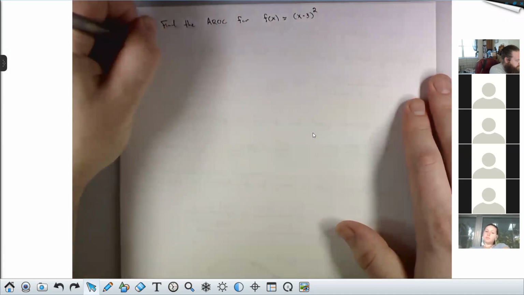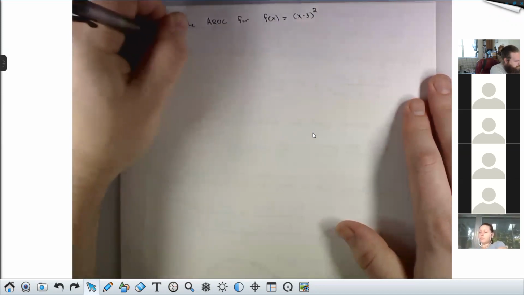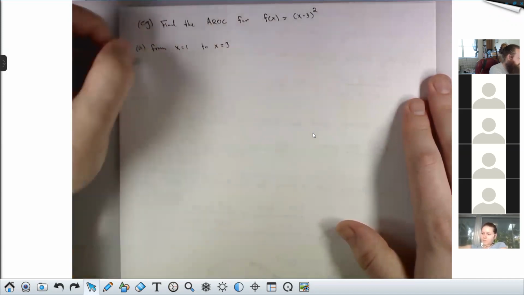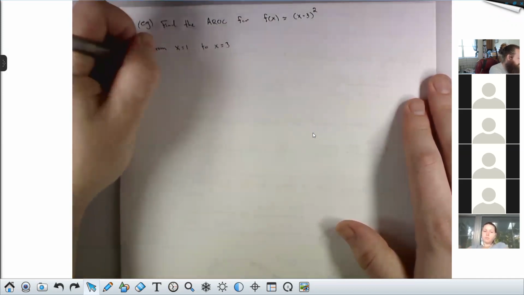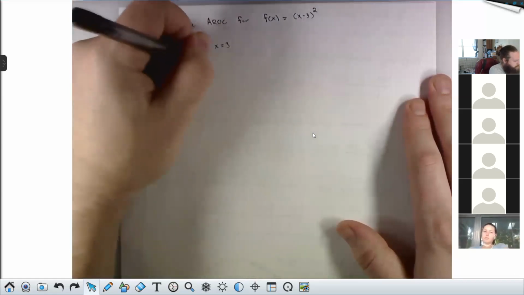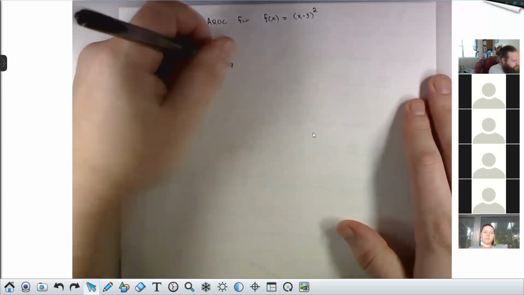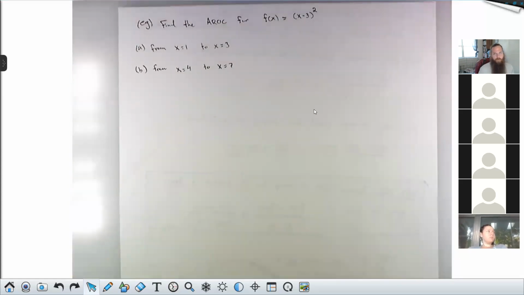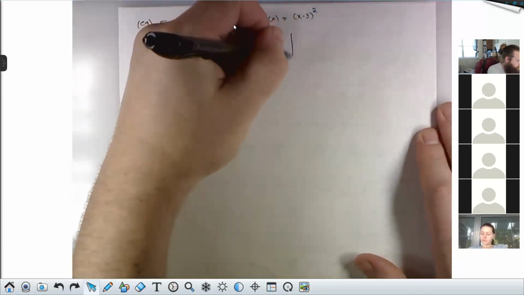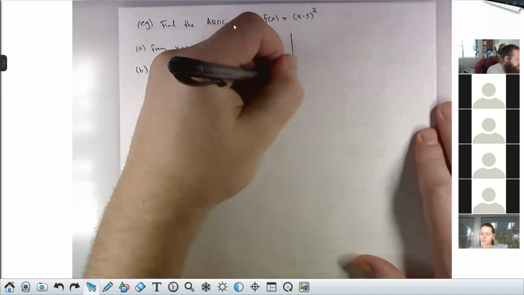We'll do a couple of these: from x equals 1 to x equals 3, and from x equals 4 to x equals 7. And just for fun, I'm going to draw the graph of this guy. This is a function that you should know how to graph. We are going to go over it in a little bit of detail when we talk about transformations. But this is the same as the graph of x squared. It's just been shifted to the right by 3 units.